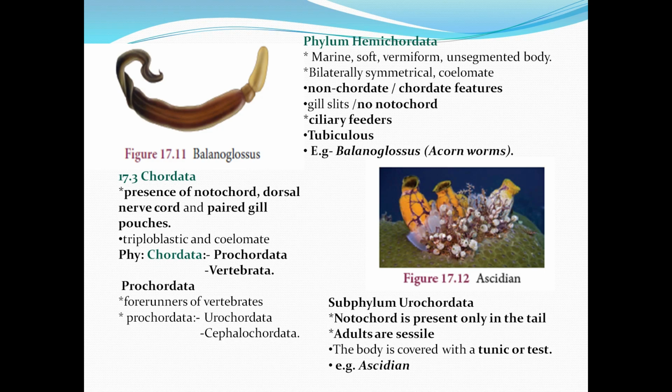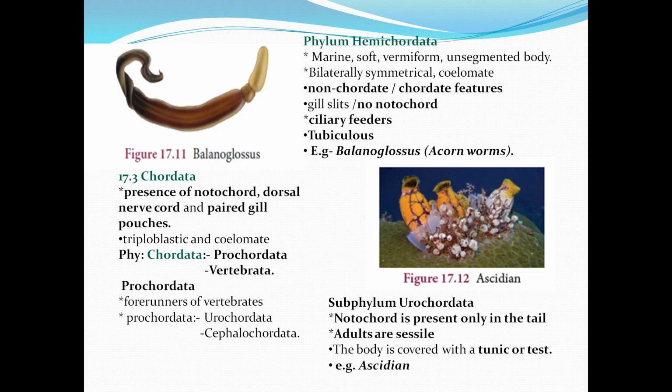Notochord is a long rod-like support along the back of the organisms, and this separates the gut and the nervous system. In human beings, this only develops as the backbone. The next one is dorsal nerve cord. Dorsal nerve cord we can compare in human beings to the spinal cord, and the pharyngeal gill pouches will be present.